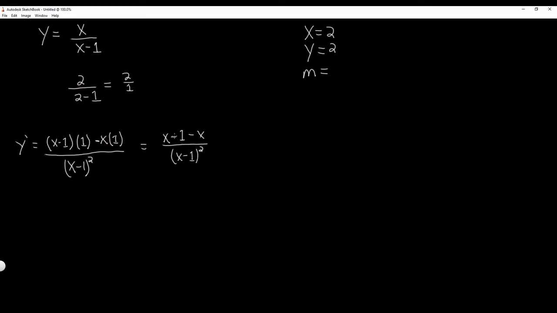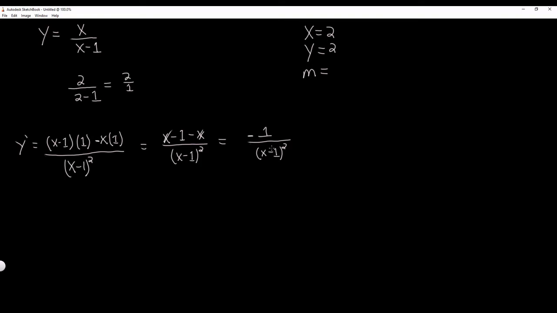Okay, so from here, we actually can cancel our x's because x minus x is equal to 0, so we can just cancel them, and this can be further simplified into negative 1 all divided by x minus 1 squared. So now that we have our derivative, this is our derivative in simplest form. Unless we wanted to FOIL, but that would just make it not look like this, okay? It would make it a little harder actually.